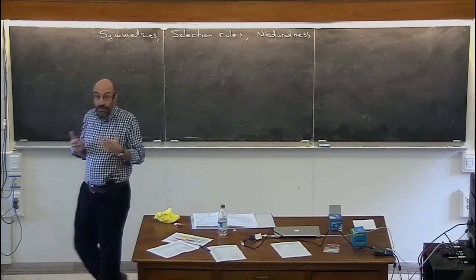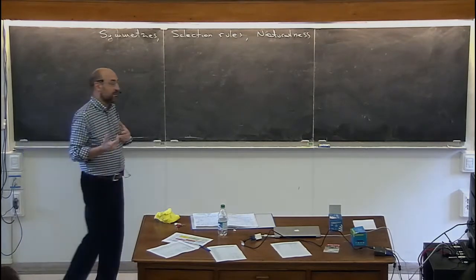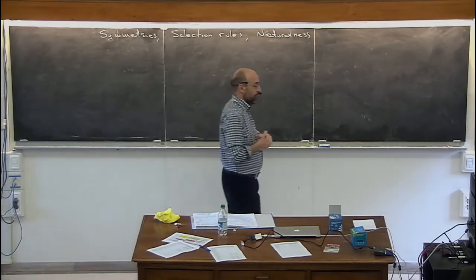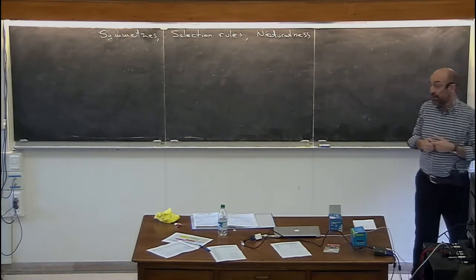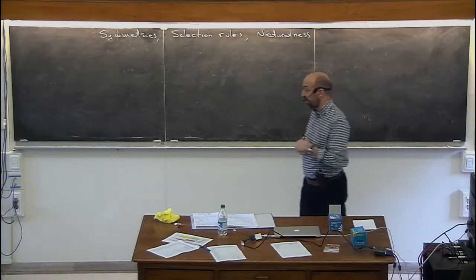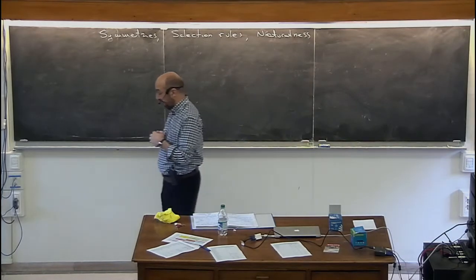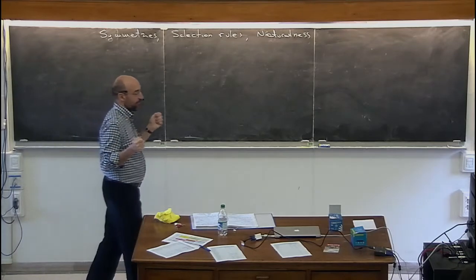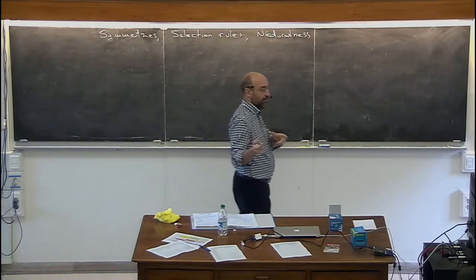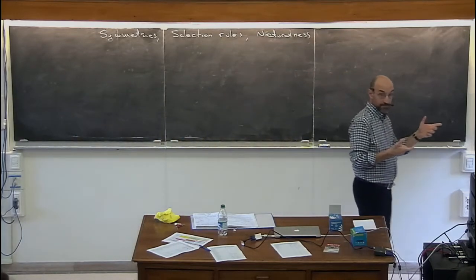And if the parameters are small, in the sense I was saying before, you can do perturbation theory in them. You can use these transformation properties of the parameters to very directly foresee how these parameters affect observables.